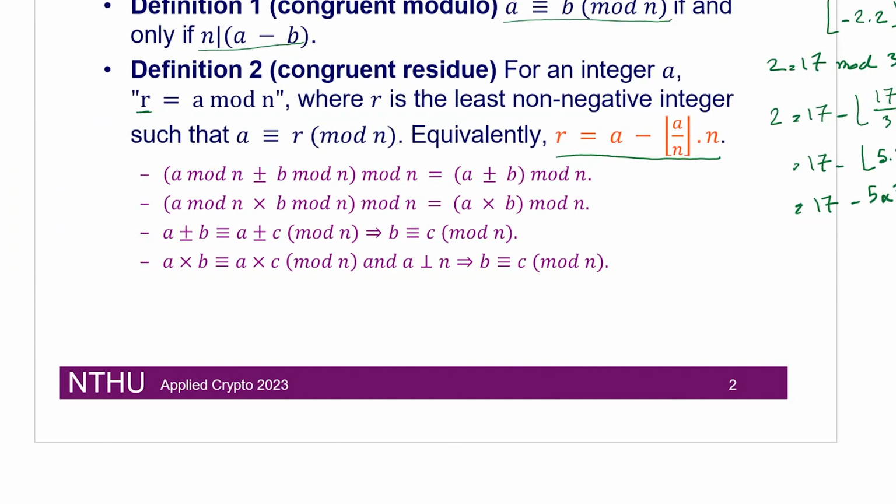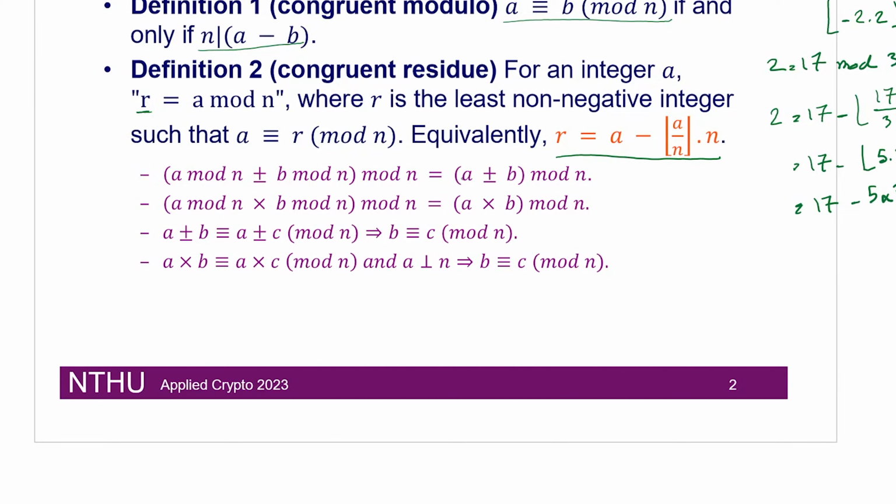In terms of later on, when we want to do some operations, just a small FYI: sometimes when you want to add or subtract two numbers, A and B, we don't have to do A mod n and B mod n and then compute mod n again over both of them.